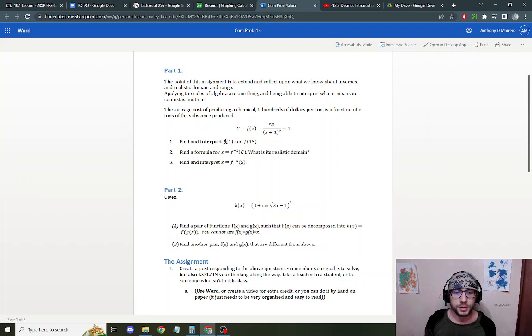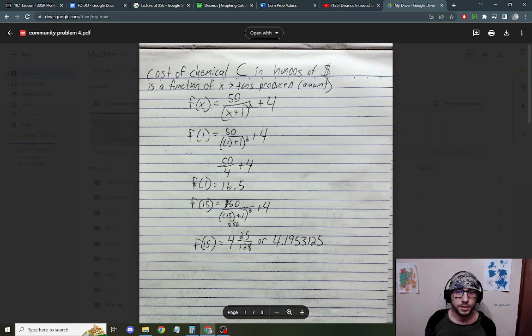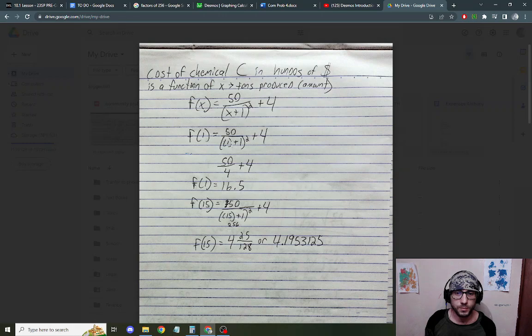First we're asked to find the answer for 1 ton produced and 15 tons produced. Here's our function, and if we plug 1 into that function: 1 plus 1 is 2, 2 squared is 4, 50 divided by 4 is 12.5, plus 4 is 16.5.